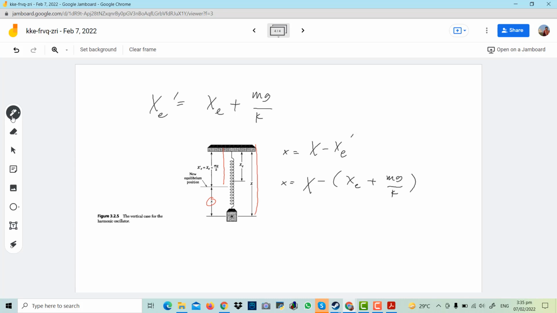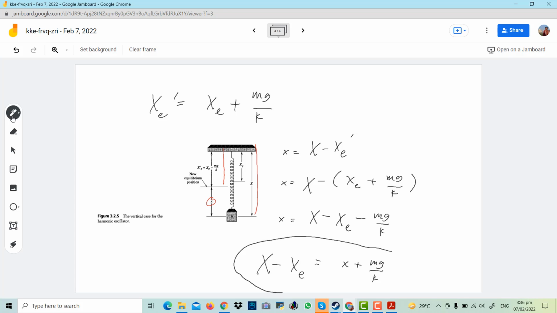Okay? And if you do the math, you have x equal to big X minus x e minus mg over k. Based from this, I can get the difference x minus x e equal to small x plus mg over k.